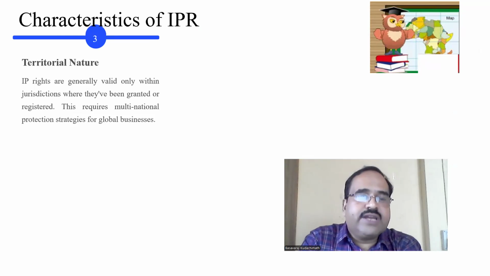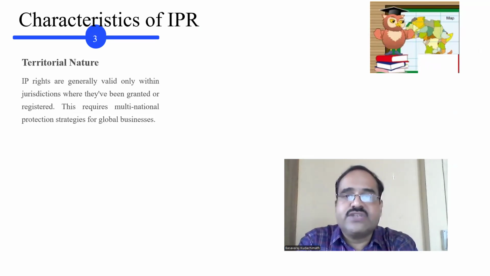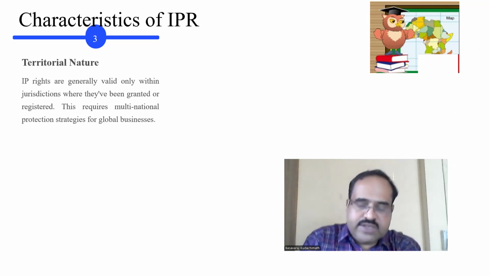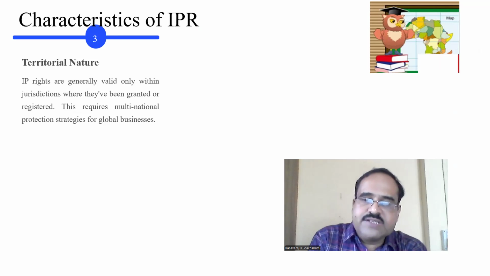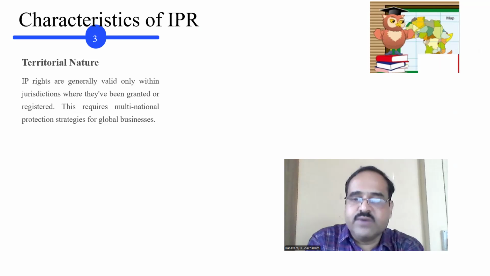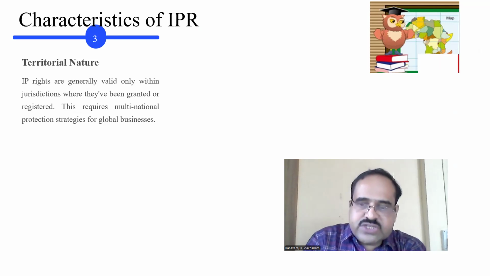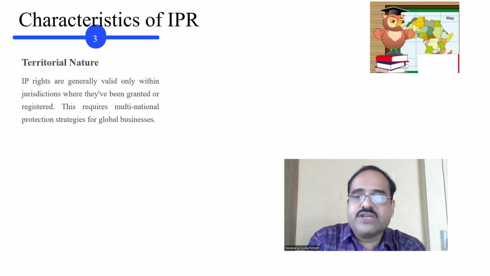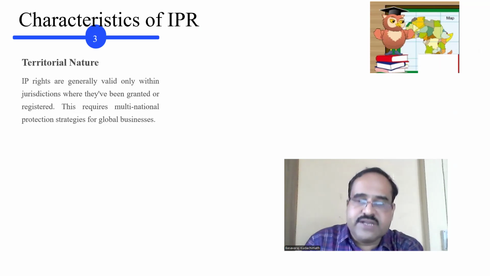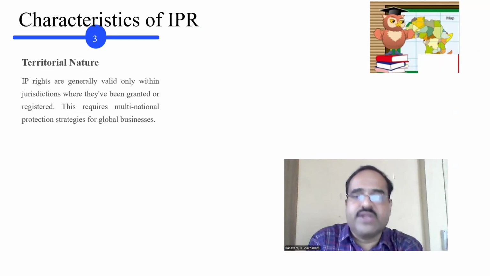The third important characteristic is that it is territorial in nature. The intellectual property rights have the scope of a particular territory. For example, in India, if the product is produced by an Indian inventor, scientist, or discoverer, Indian jurisdiction only will be the protection area. If it crosses borders, he doesn't have control on that.